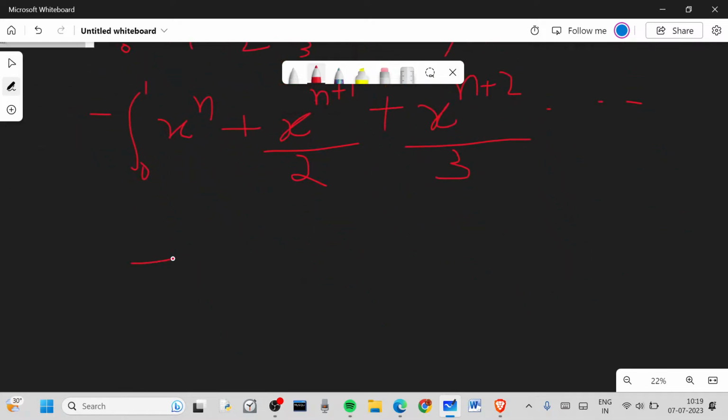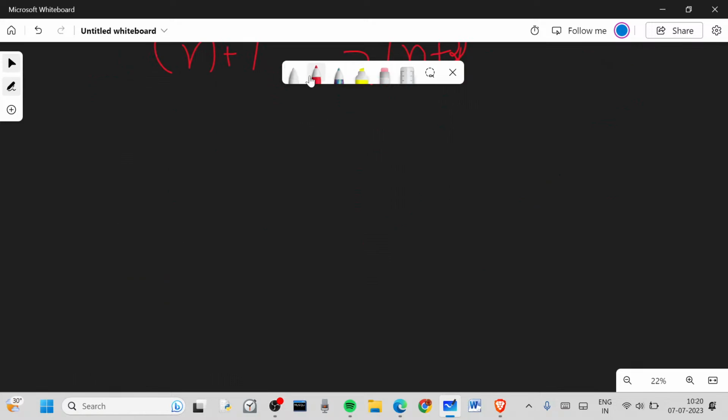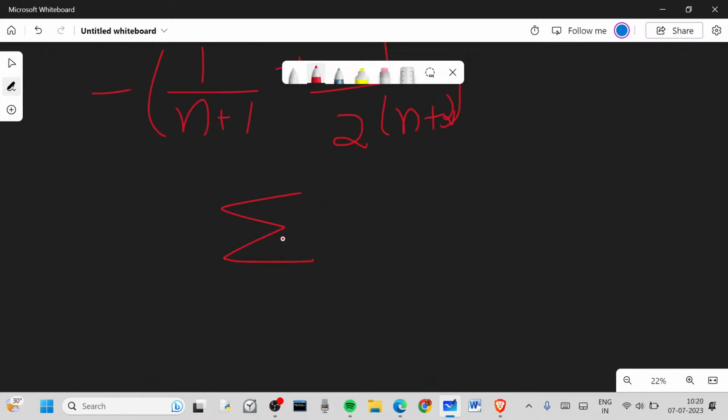Integrating it term-wise, it's 1/(n+1) plus 1/(2(n+2)), and this goes up till infinity. Writing it in general form, it's the sum from r equals 1 to infinity, with a minus outside, of 1/(r(n+r)), I guess.